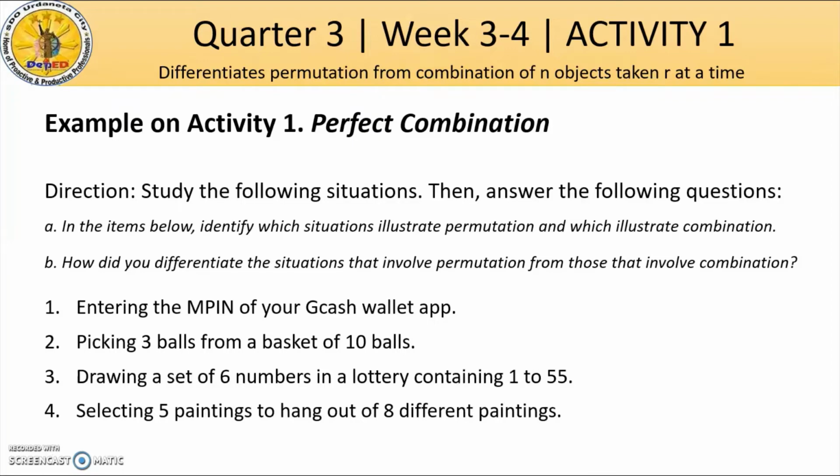Number 1. Entering the MPIN of your GCash wallet app. Number 2. Picking 3 balls from a basket of 10 balls. Number 3. Drawing a set of 6 numbers in a lottery containing numbers 1 to 55. Number 4. Selecting 5 paintings to hang out of 8 different paintings.